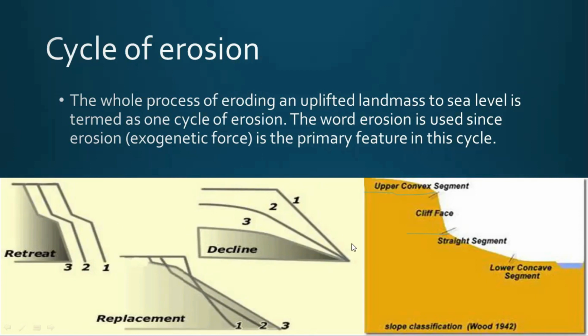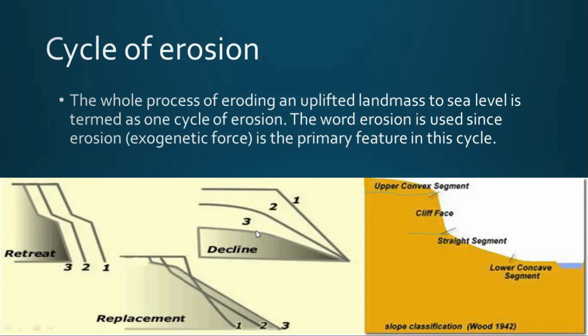Earlier the landform was this, now the landform is this. Now these three slopes: this is called the slope decline theory by Davis, this is the slope replacement theory by Penck, and this is the parallel retreat theory by King.